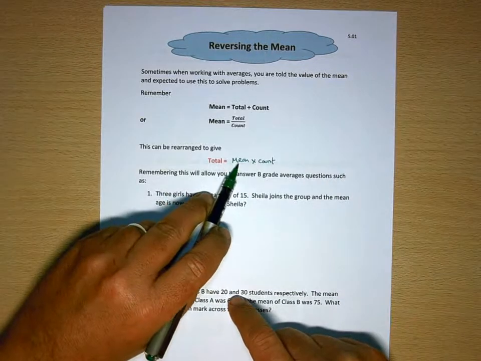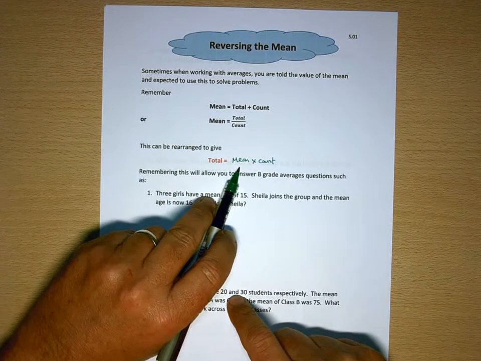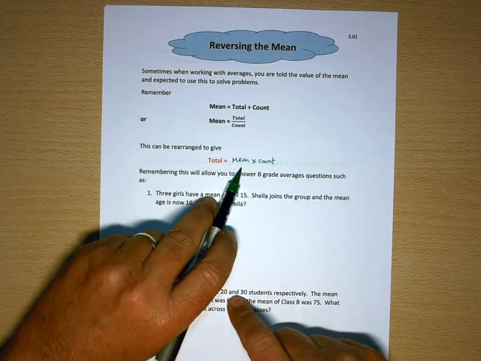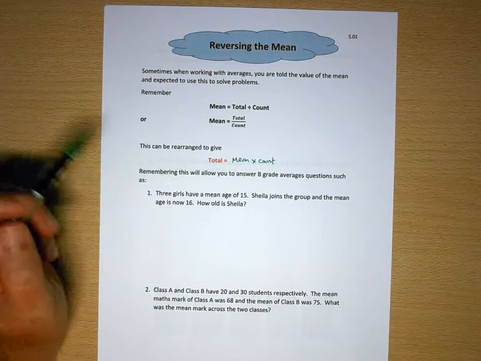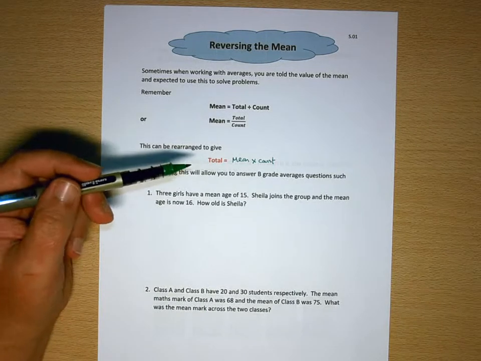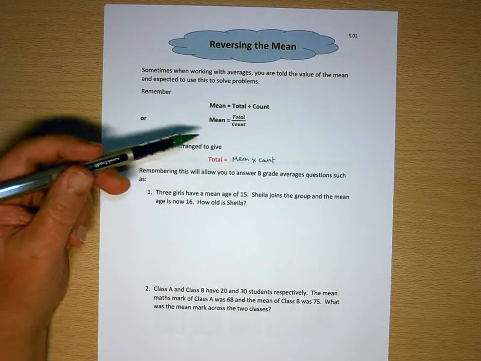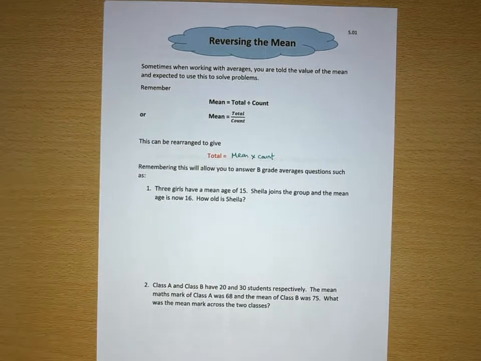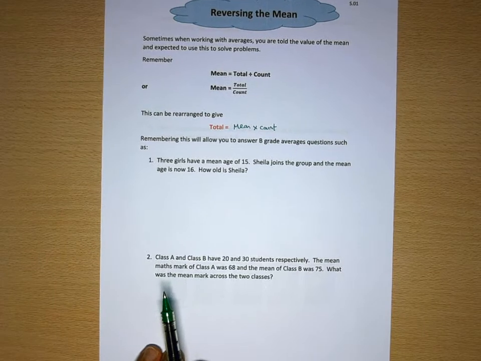So if we're given a mean and we know how many people that mean represents, then by multiplying them together it'll give us a total. And if you can remember that fact, then there are other types of questions that you can access. So let's work through some of those.